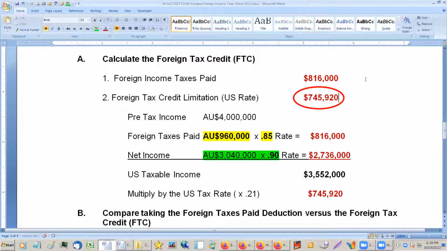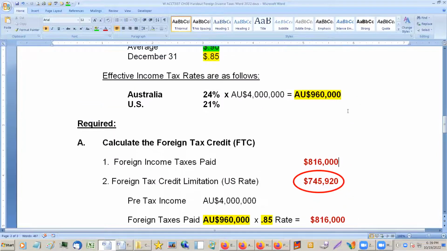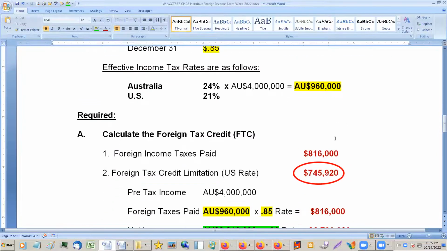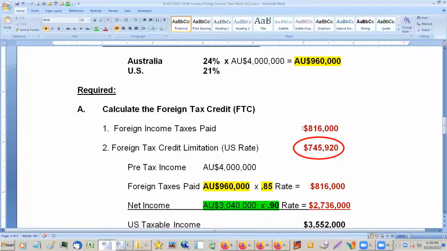So in this case, even though we paid more taxes to Australia in dollars, we're not going to be able to write that off because we're not going to pay the extra money to fund Australia's government. The US isn't going to give you money to pay them the taxes. So this will be our foreign tax credit.